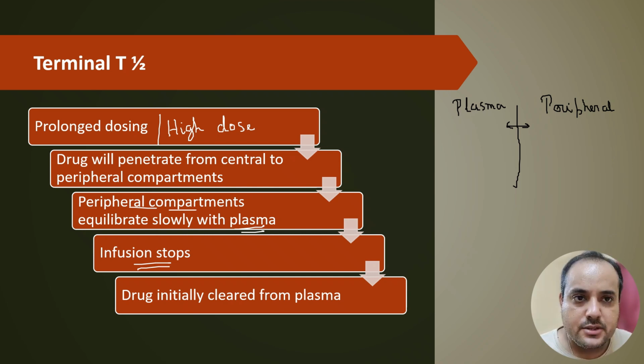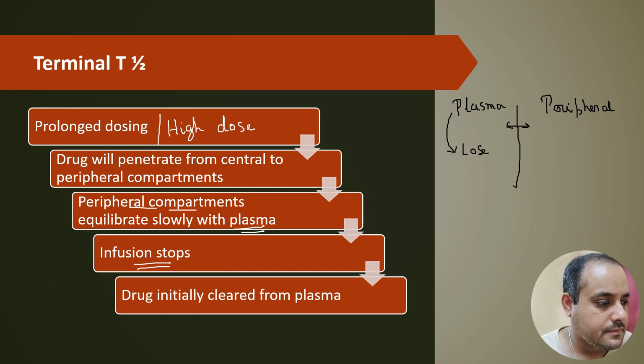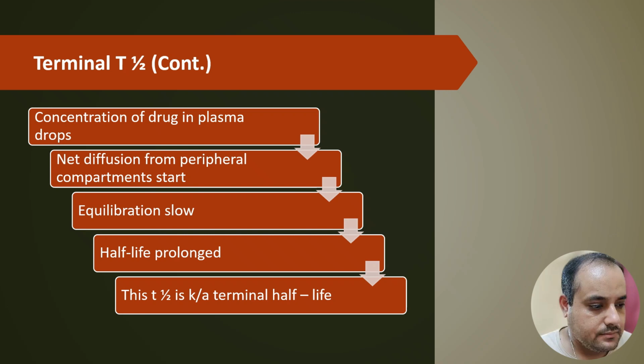Once the infusion is stopped, the drug will be lost from the plasma. So this plasma, it will lose the drug. So now if the plasma is losing the drug, then what is going to happen?